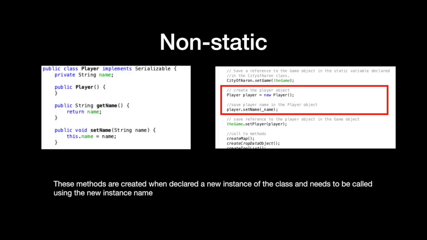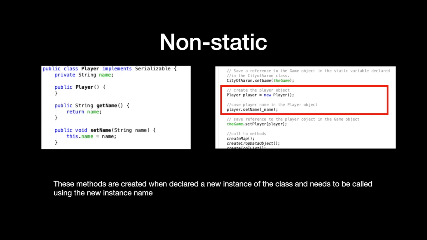On the other hand, a non-static function requires creating a new object or instance of the class in order to be called. This is because the methods that come with the class are created once the new object or instance is declared.